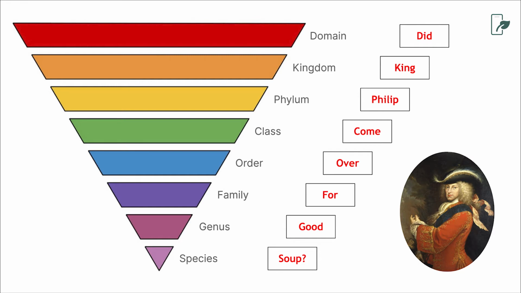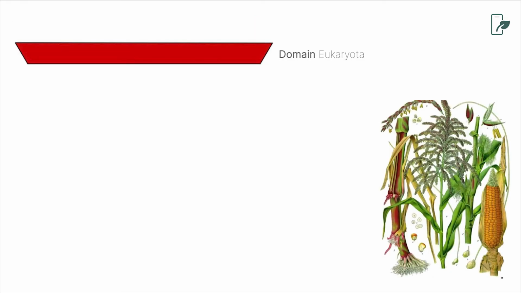So let's talk through how that classification scheme works. We're going to take this example on the bottom right, which is maize, the sweet corn or popcorn plant. The domain at the highest rank is what is known as eukaryotes. So these are multicellular organisms.